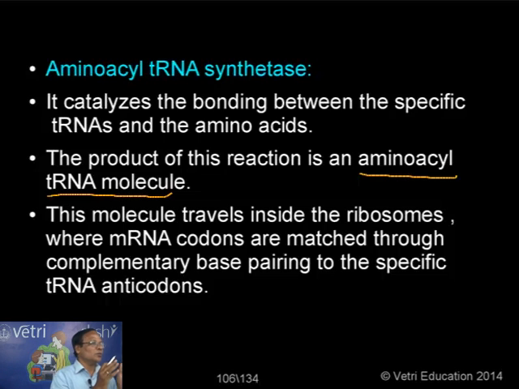Once the aminoacyl tRNA molecule is formed, it enters the ribosome, where you have the mRNA codons, and the anticodon is matched with the mRNA codon by complementary base pairing. This is what is happening: it travels inside and forms a complementary base pair with the codon of mRNA.